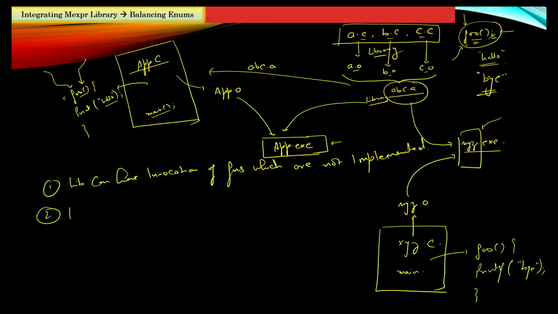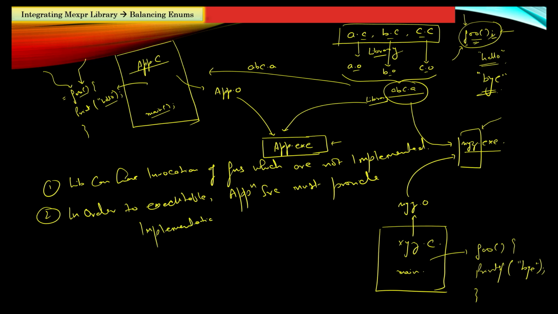Second, in order to create an executable, one of the source files of the application must provide the implementation of such functions so that the library comes to life.